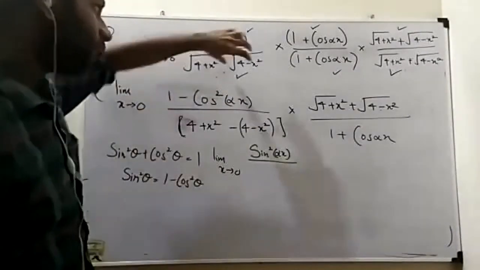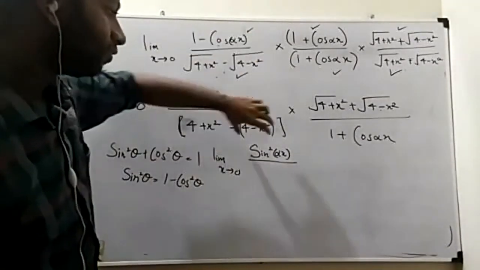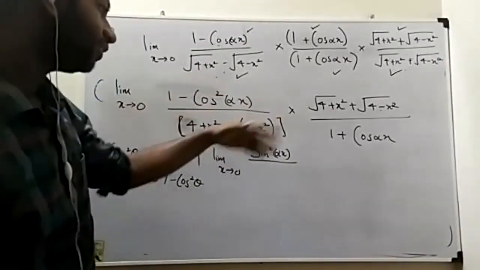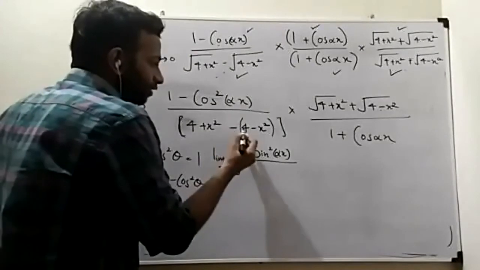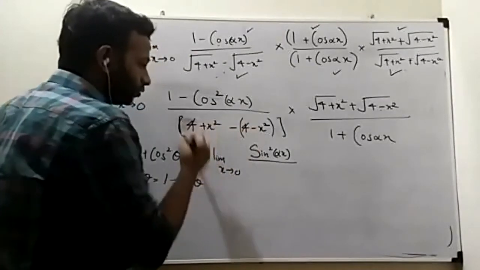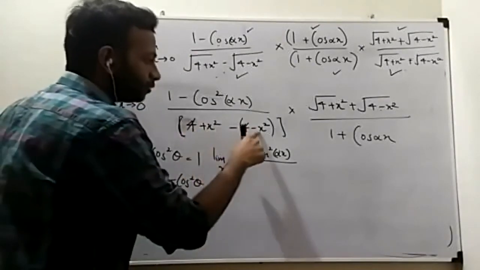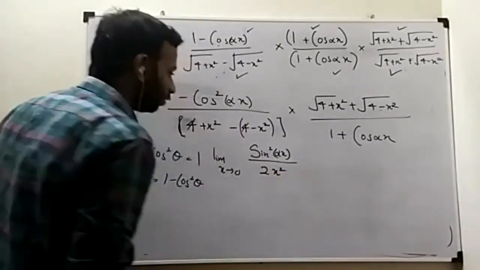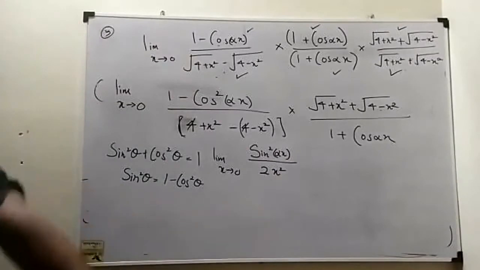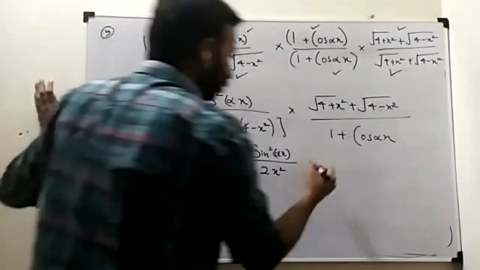So it's 4 minus the whole thing, the minus applies to the whole thing. Otherwise, if you just put it like this, you'll cancel the wrong thing. So minus 4 plus 4, we cancel these two. X squared minus minus becomes plus, x squared twice. Now multiply this by the same.